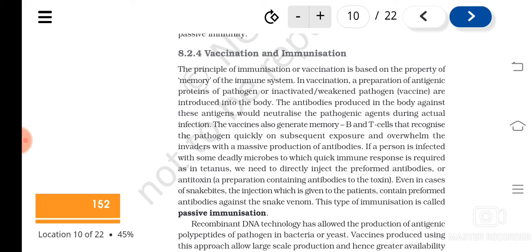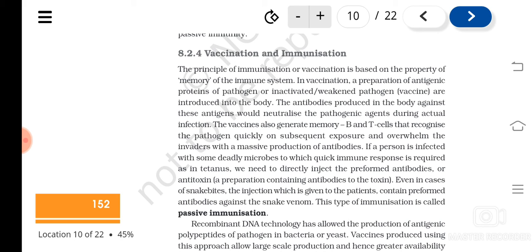So this is what we are doing during vaccination, and this is not possible in urgent cases like snake bite or tetanus, etc. Okay, we cannot wait for the body to prepare the antibodies. Before that, something harmful will happen.